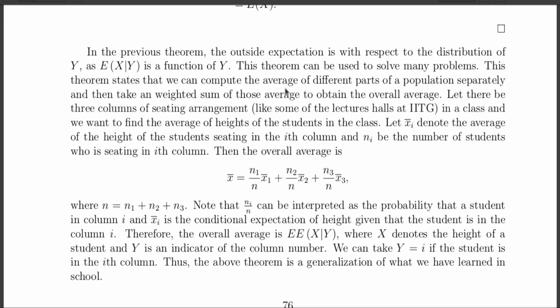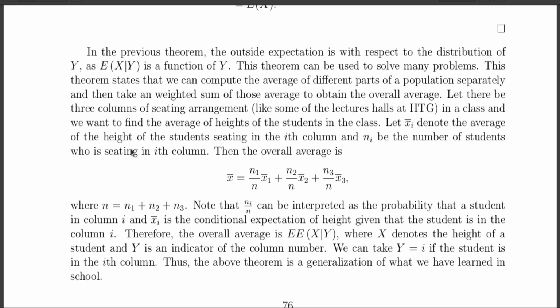Moreover, what is this n1 by n? This is nothing but the probability that a student is in the first column, right? Similarly, this is the probability that a student is in the second column, and this is the probability that a student is in the third column. So what is this quantity? This is a probability multiplied by the conditional expectation.